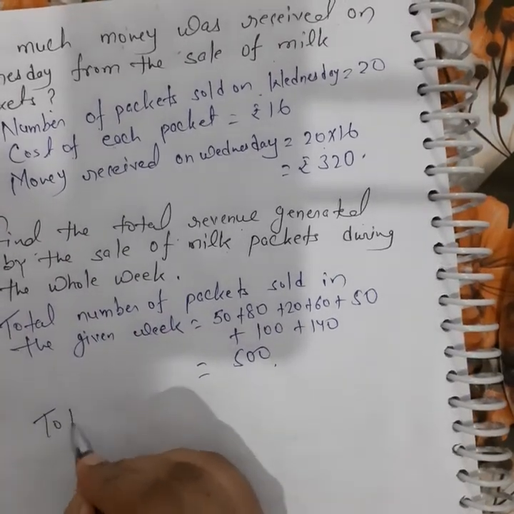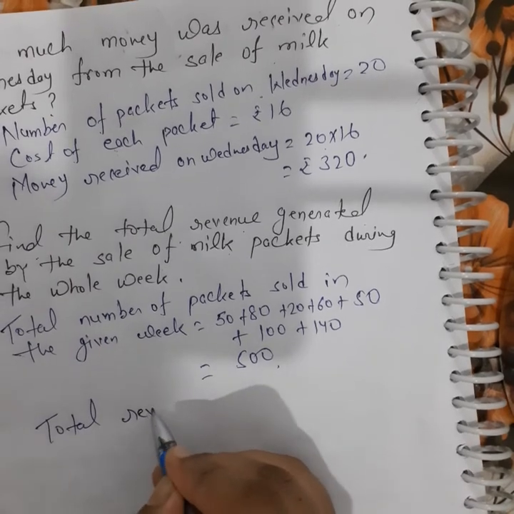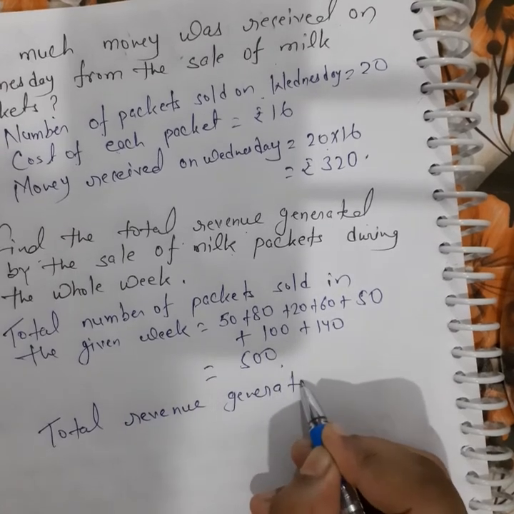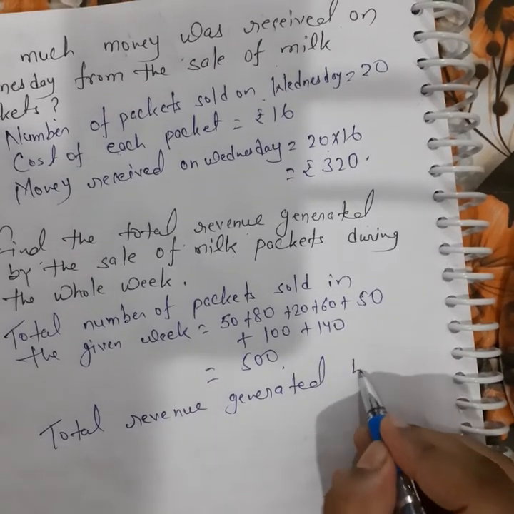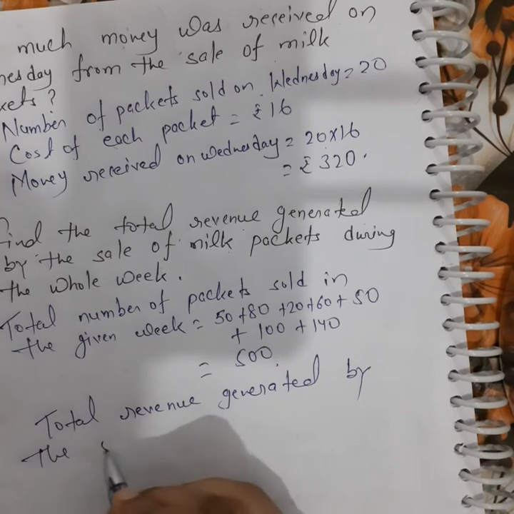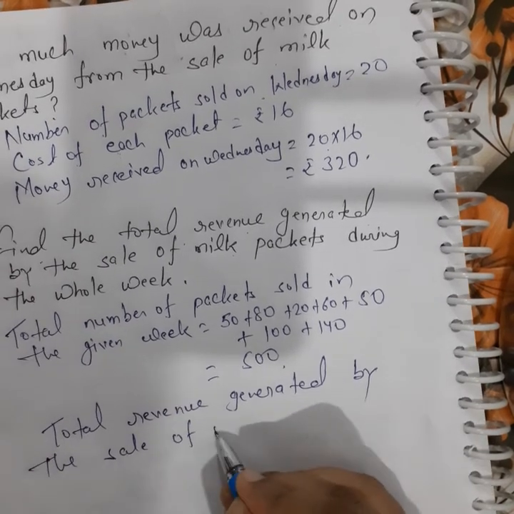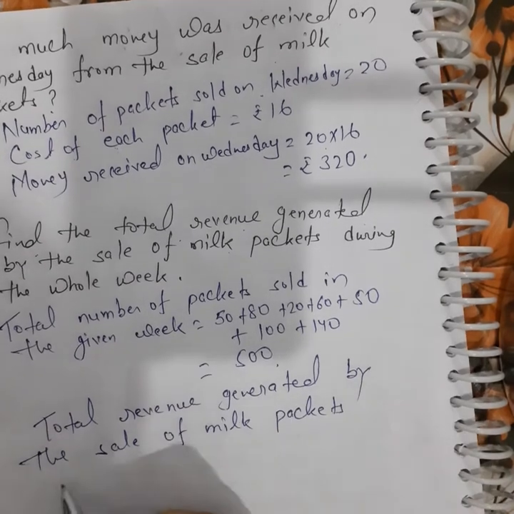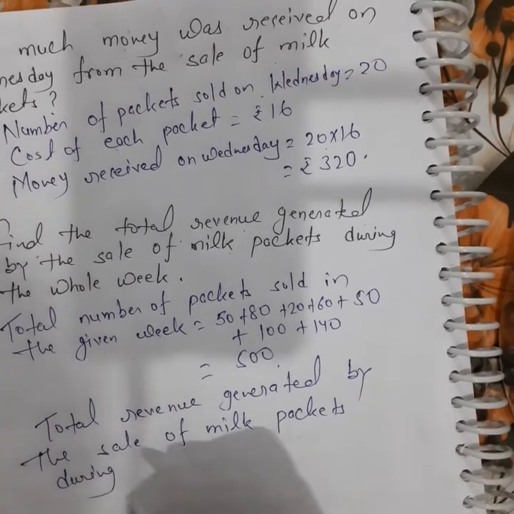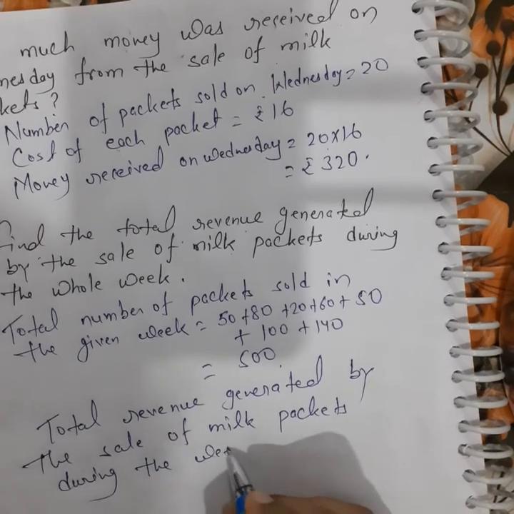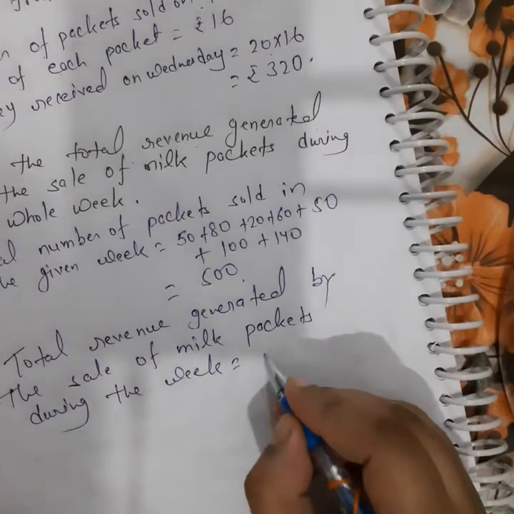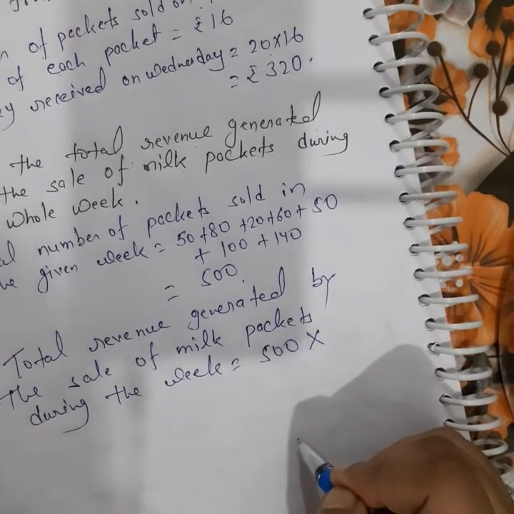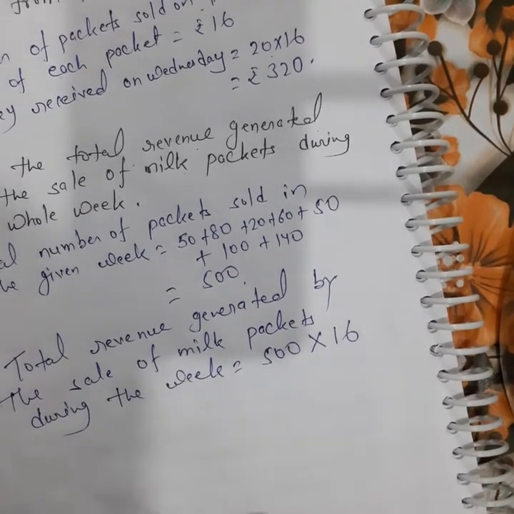So total revenue generated by the sale of milk packets during the week is equal to the number of packets sold in the whole week multiplied by the cost of each packet, that is 16.